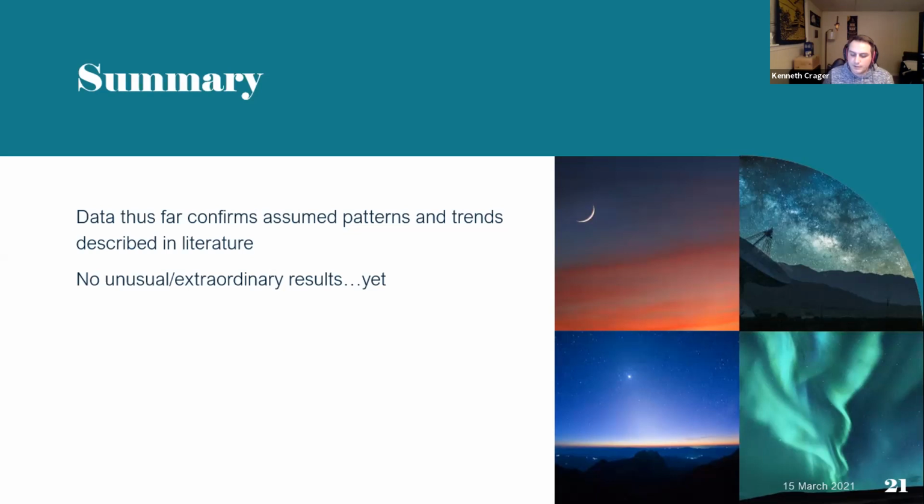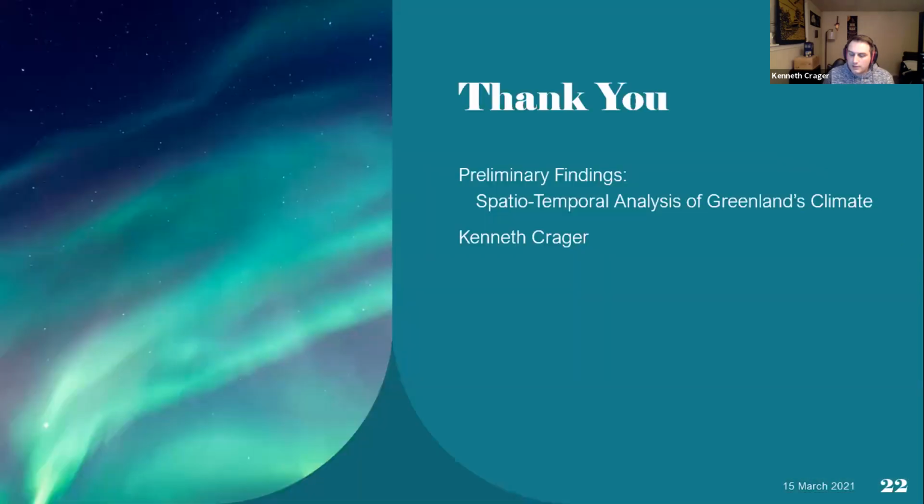She was largely the motivation for jumping into Greenland and its climate. But knowing kind of the rough idea of what the Arctic climate has been and what it could be in the future, the data really hasn't jumped out and bit me just yet. So with that, I thank you for your time and your patience, and open it up to questions.